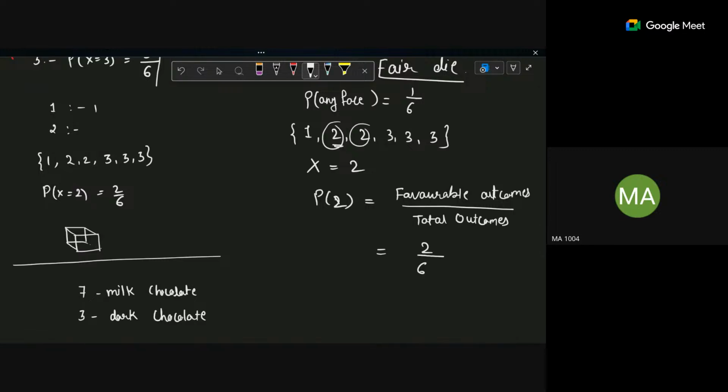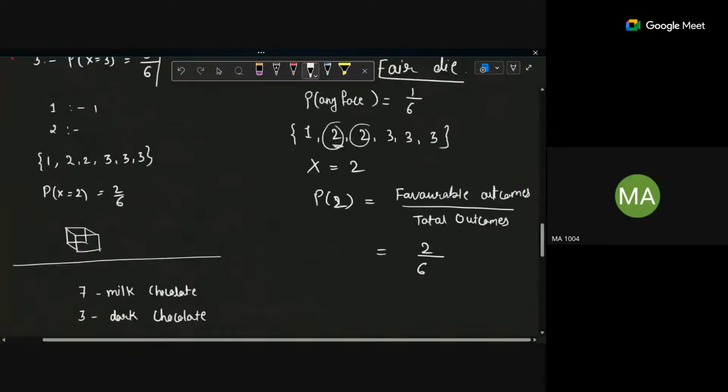That is 1 by 6 or 1 by 6, that means either this face or this face. There are two faces having number 2, so either the first face which has 2 or the second face which has 2. That's why it's 1 by 6 plus 1 by 6. Okay, I got it.